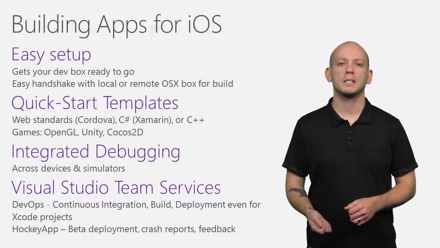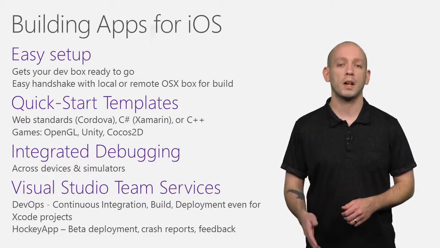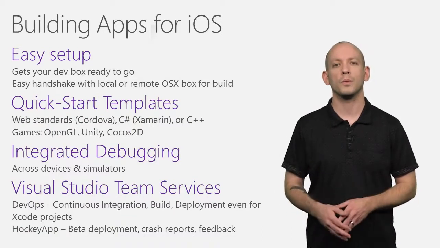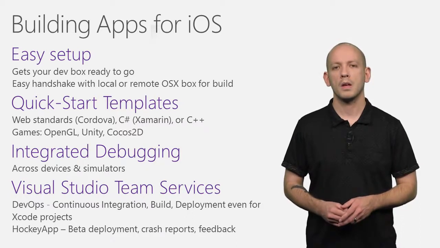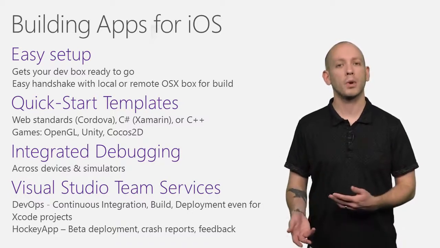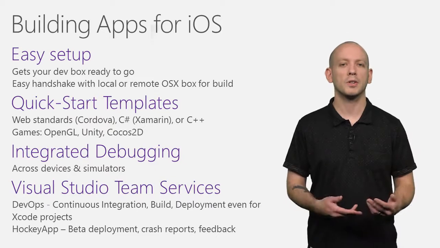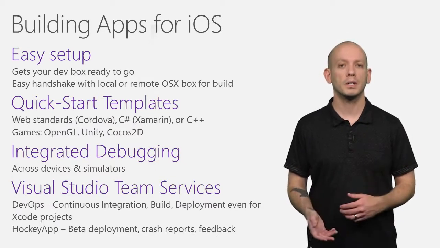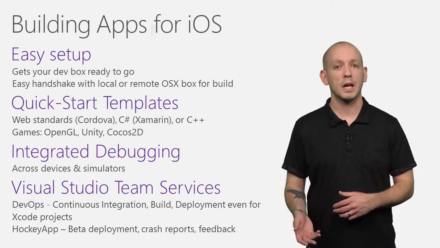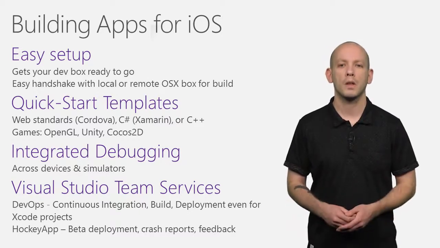Visual Studio's easy setup gets your DevBox ready fast, including a handshake with a local or remote OS X box for build. It comes pre-installed with many project templates so that you can get started building your app fast. It also has integrated debugging support for both devices as well as remote simulators.